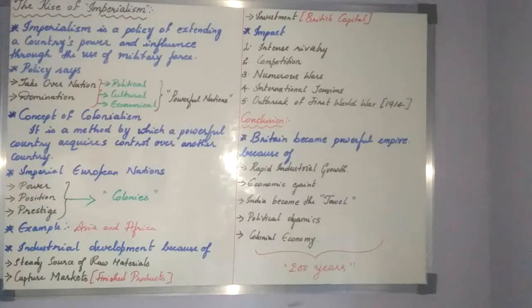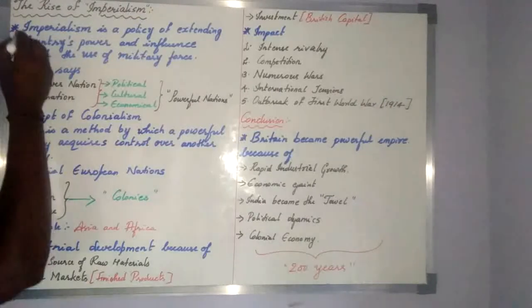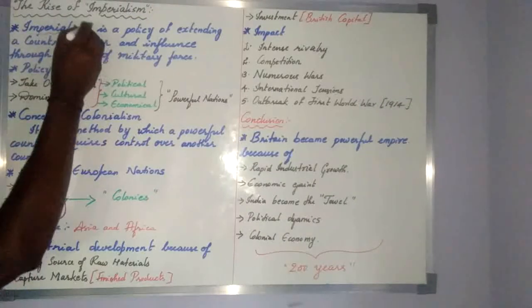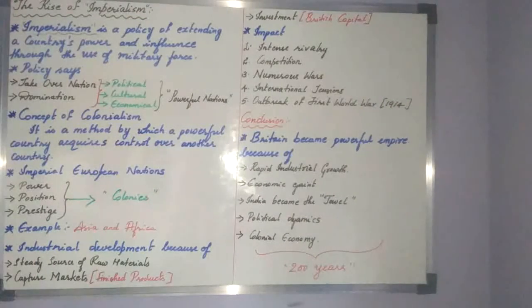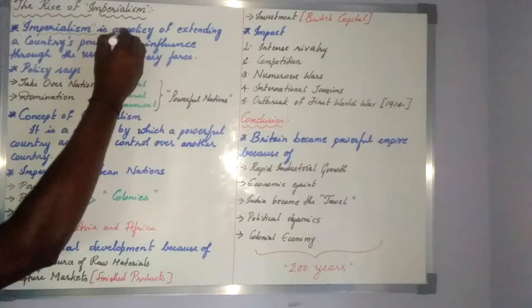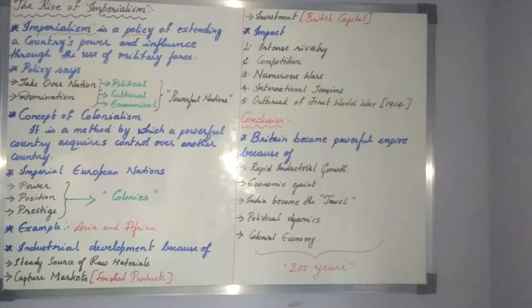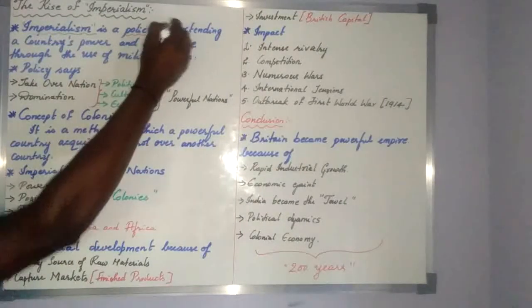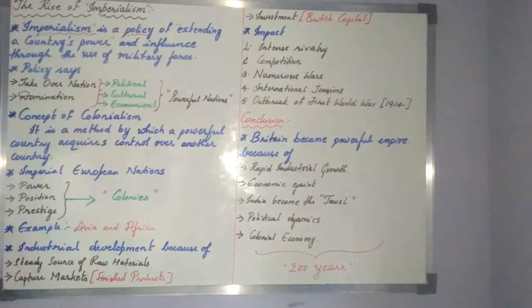When we talk about imperialism, it is a kind of policy which was introduced by the European countries. What type of policy is it? It is nothing but extending a country's power.